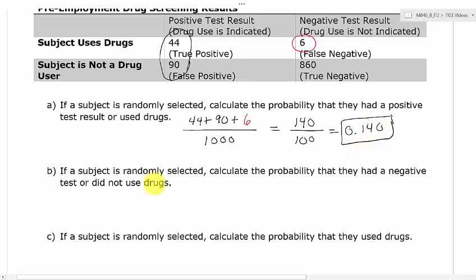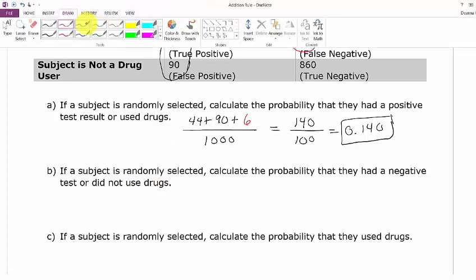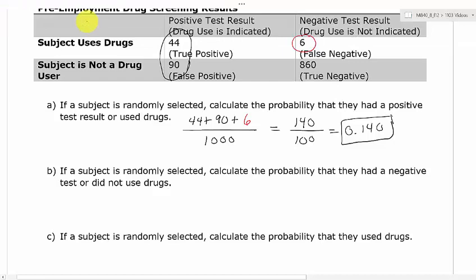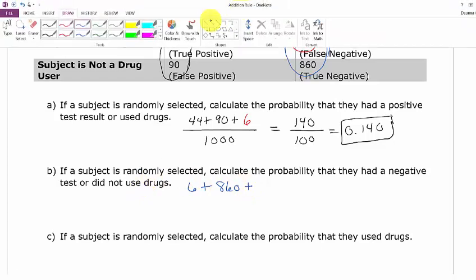If a subject is randomly selected, calculate the probability that they had a negative test or did not use drugs. So a negative test, well, let's pick some other color. So let's pick blue. So negative test results are these people. So that would be 6 plus 860. Plus we also want the people who did not use drugs.